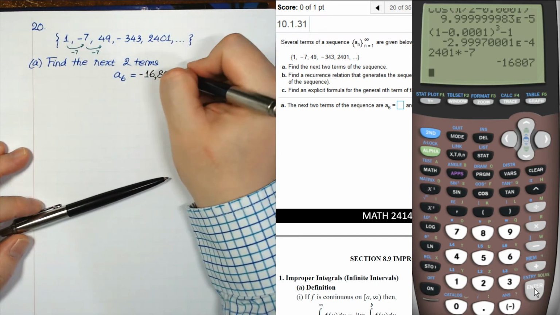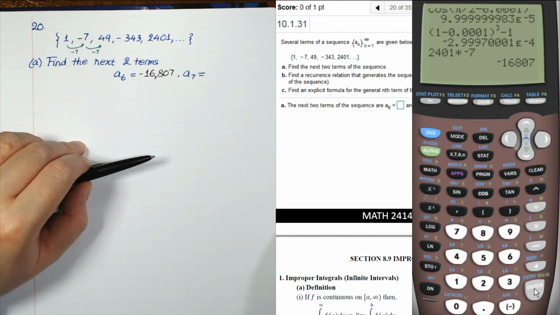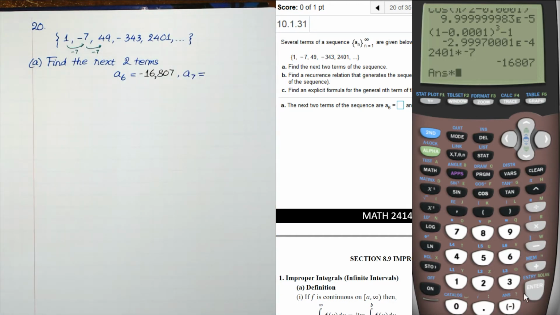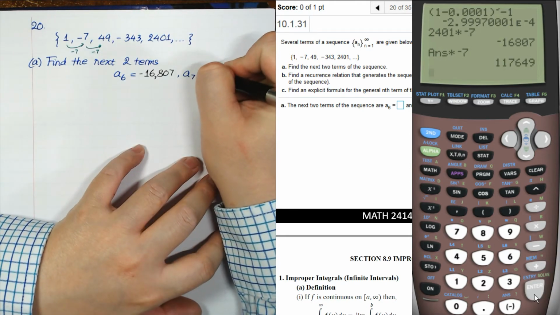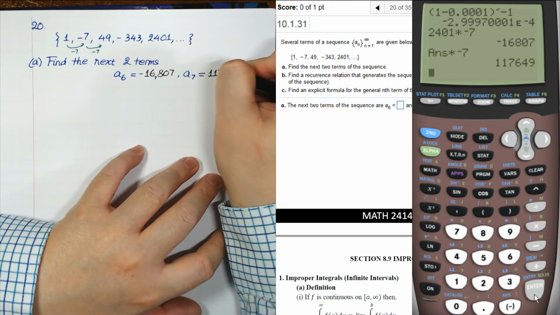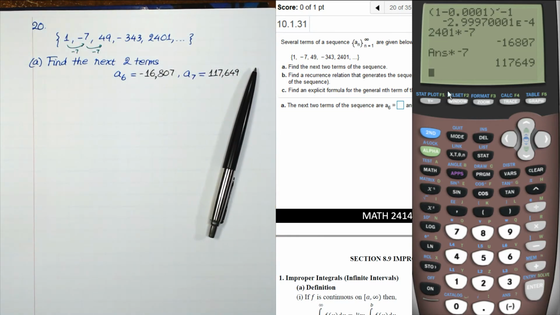And then the seventh term, we just multiply by -7 again: 117,649. Right, I try that.